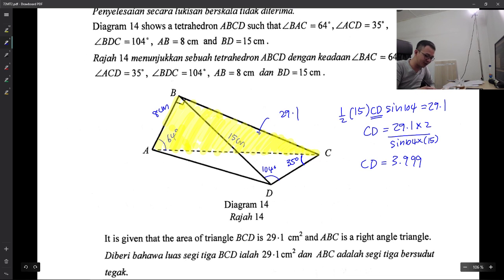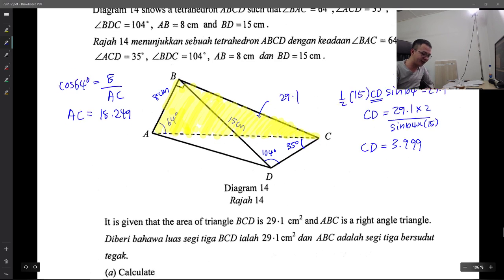AC should be quite easy because it is a right angle triangle, and I have the 64. This is adjacent and AC is my hypotenuse, so I will do cos. Cos 64 degrees equals 8 over AC. I can find AC by doing 8 divided by cos 64, and I get 18.249. This is the length of AC.